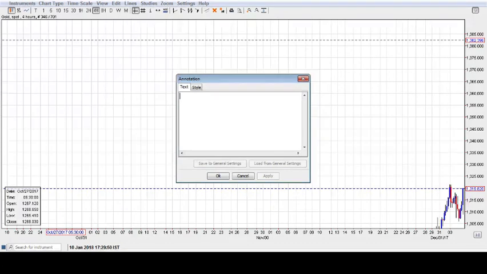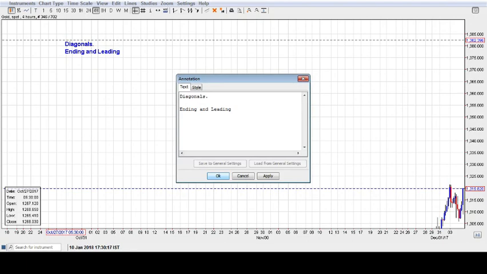Today's topic, this session would cover diagonals. So basically, diagonals are of two types: ending diagonals and the leading diagonals.